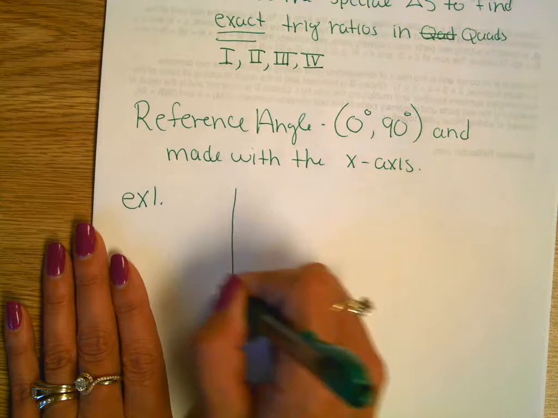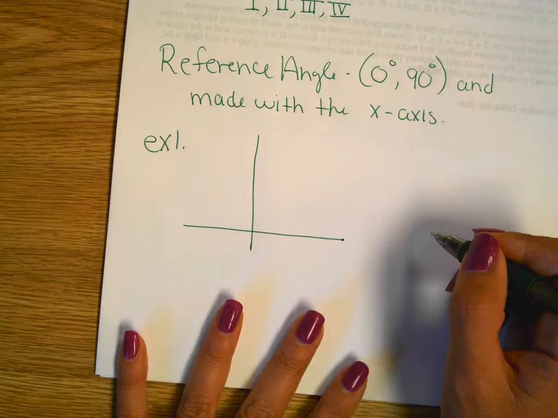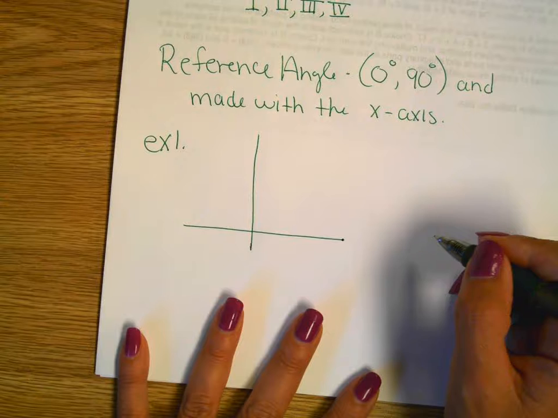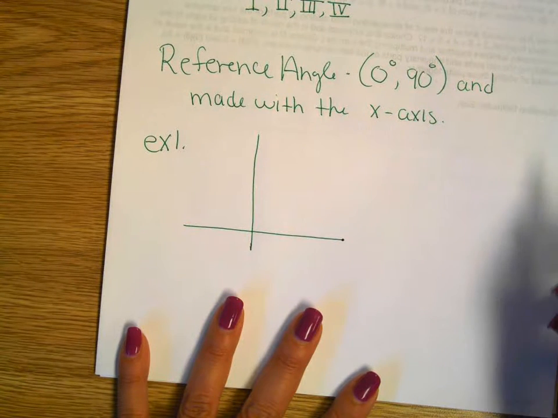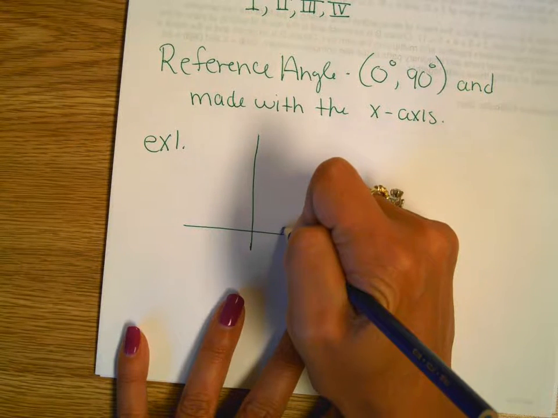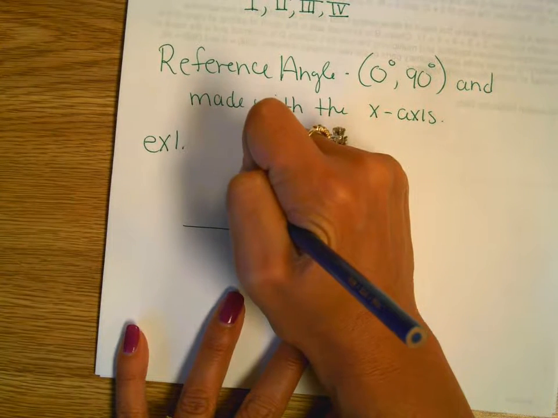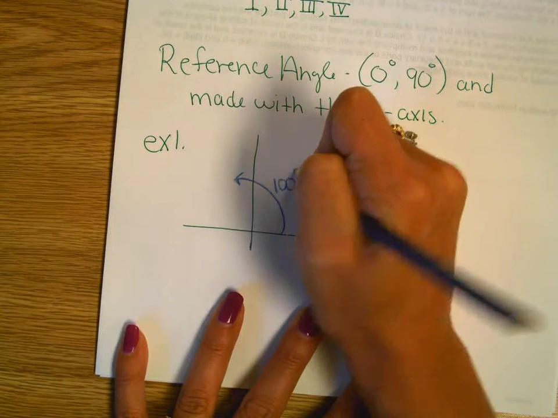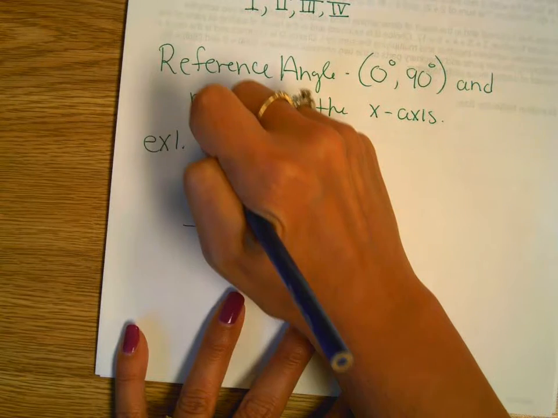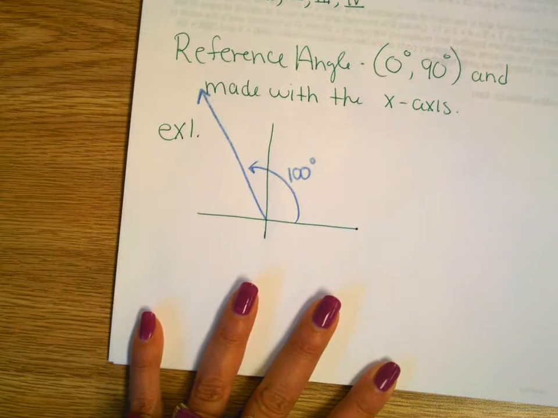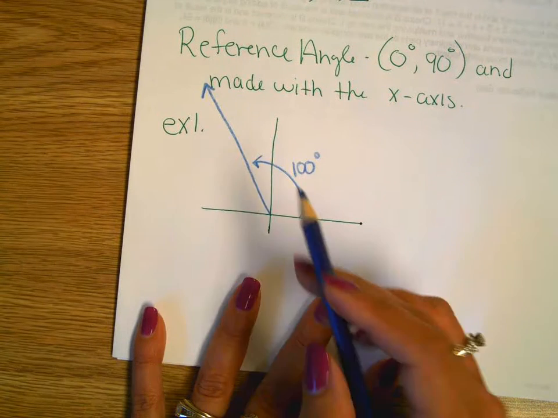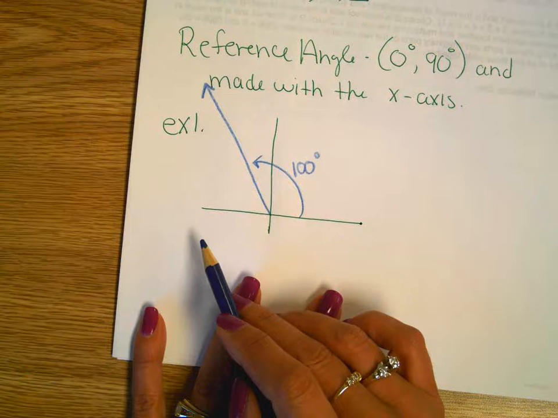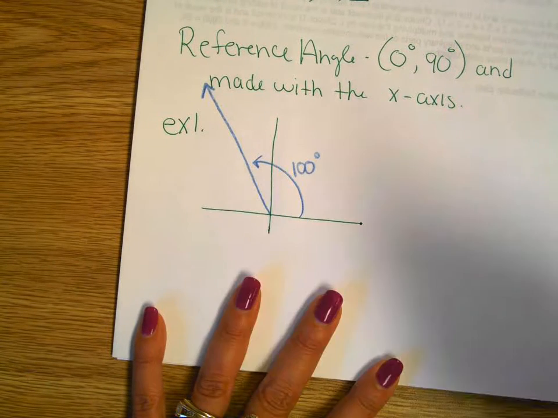So if I give you a 100-degree rotation, what quadrant is that going to land in? 2. 100 degrees, right about there. We want to find the reference angle. The reference angle is the angle made with the x-axis, and it has to be between 0 and 90.